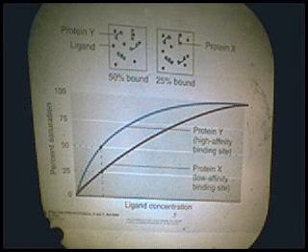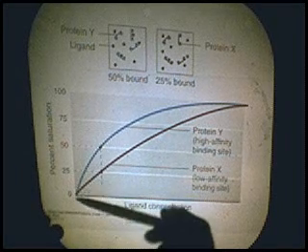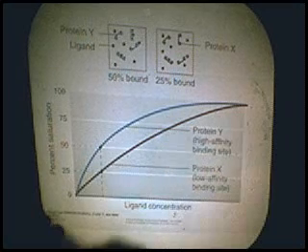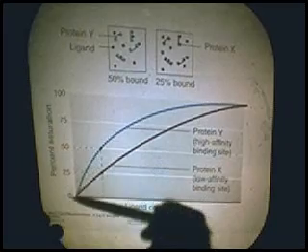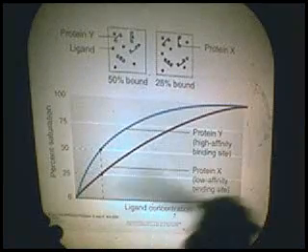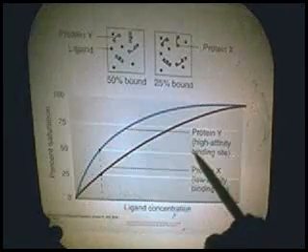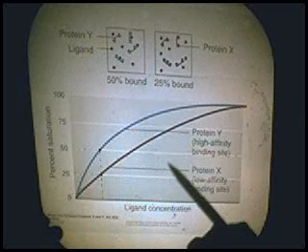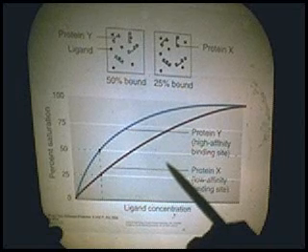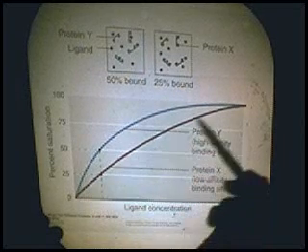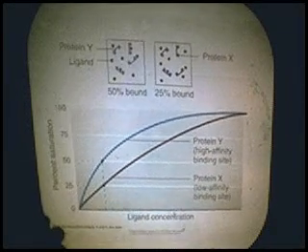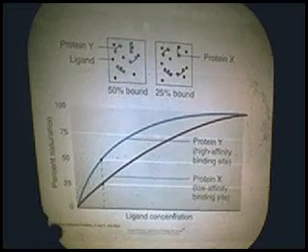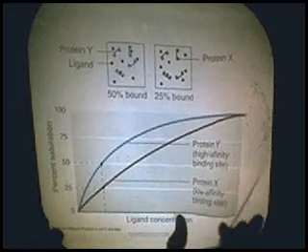So if you're looking at the blue protein, protein Y, or ligand, oh, I see what they're doing. Okay, it also works if you're using a different ligand for one protein. In this case, they're using the same ligand for two different proteins, and you can see they have different saturation rates because they can compete. They will compete for each other.